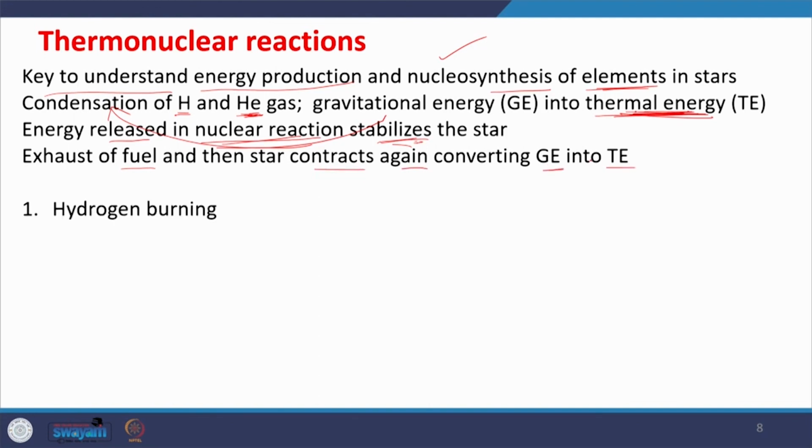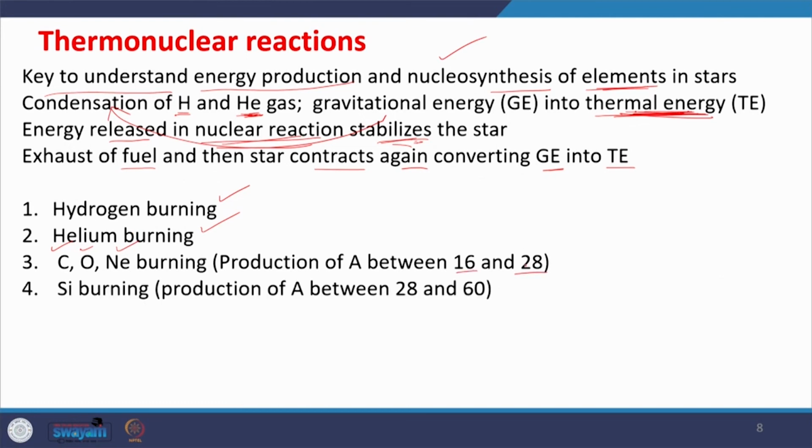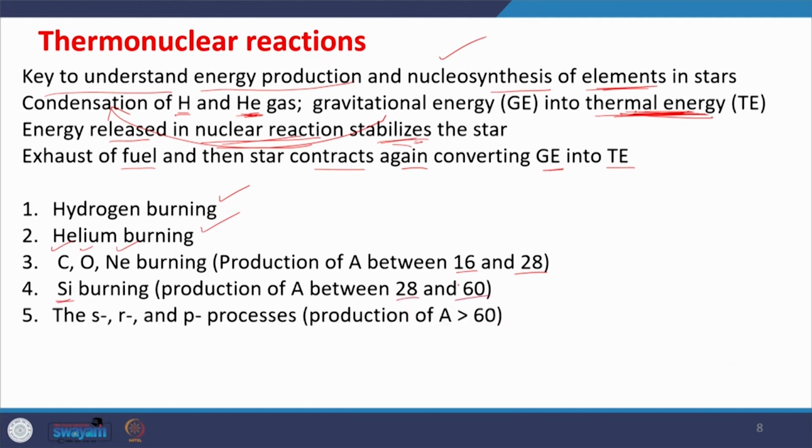Various stages are available: first hydrogen burning, then burning of helium, and then burning of carbon, oxygen and neon, which leads to the production of elements whose mass numbers are between 16 and 28. Then burning of silicon produces nuclides whose mass number is between 28 and 60, and after silicon burning you have nuclides with mass number more than 60.